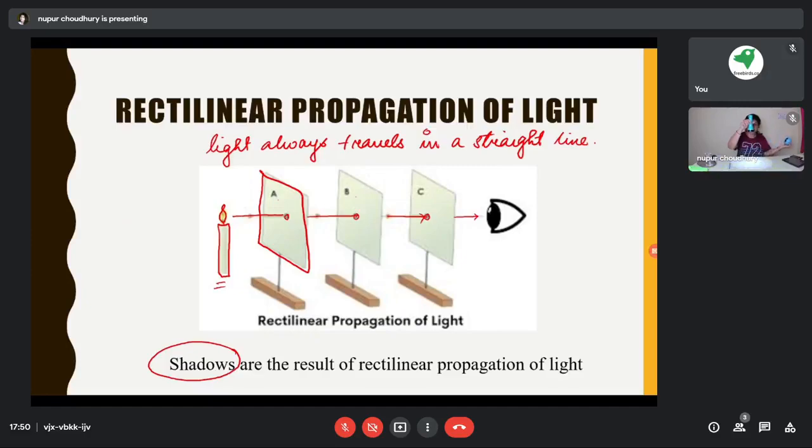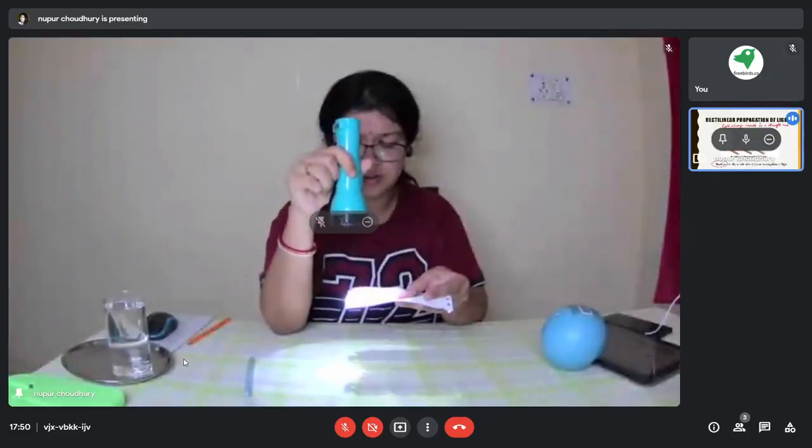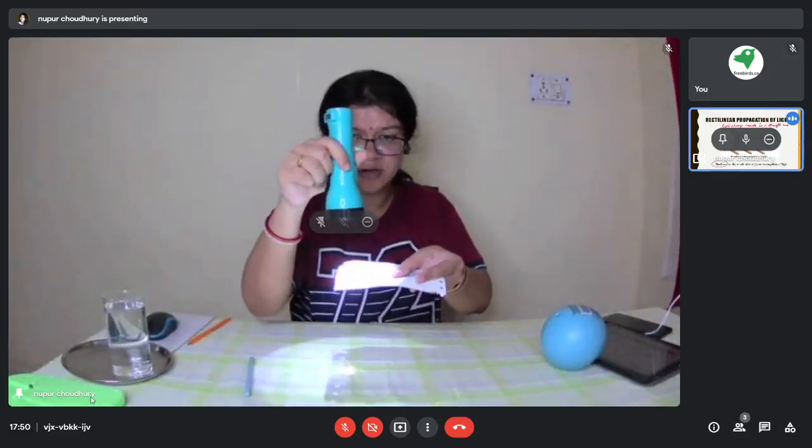If I remove this, the shadow will no longer be there, because now the light is moving in a straight line in the same medium without any blockage. You can try this experiment. I have a paper here, and this has certain holes, as you can see. If I'm trying to focus light onto these holes, it might not be very visible.